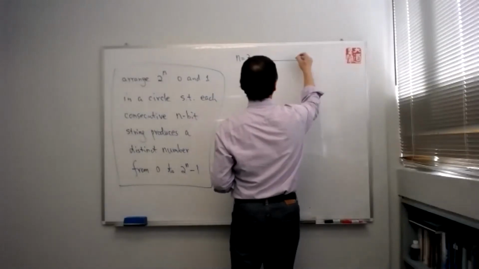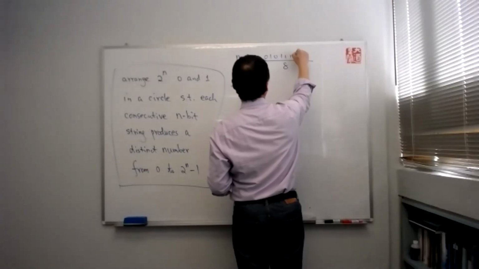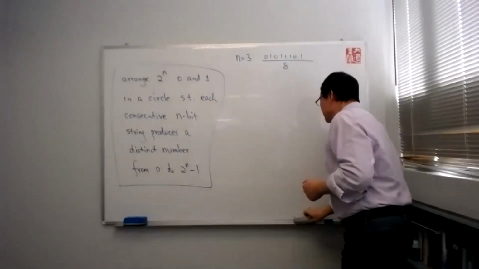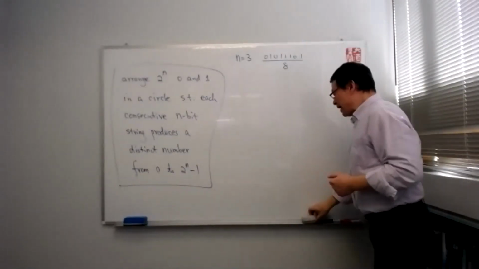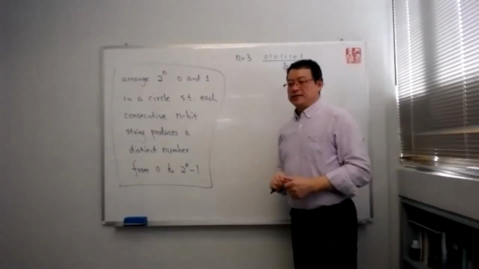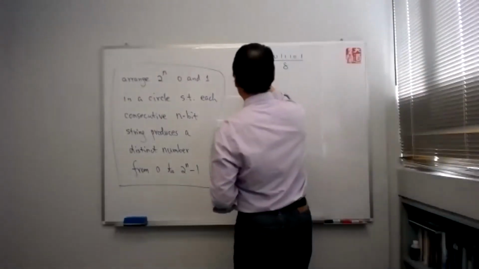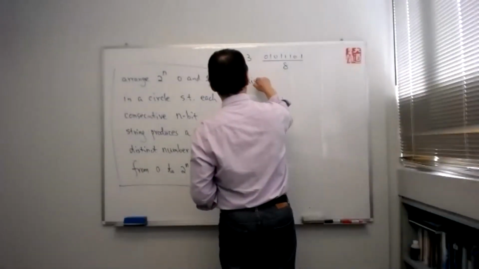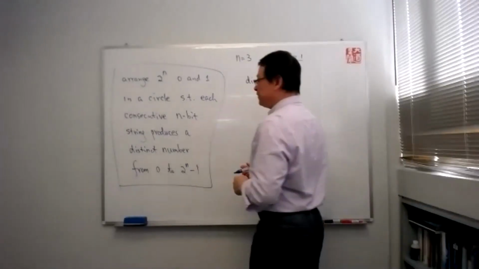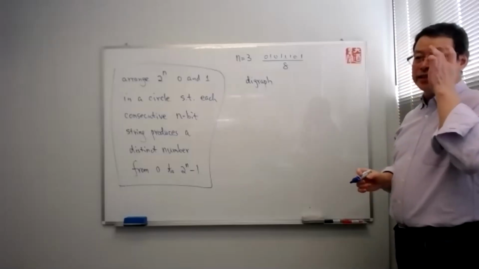So we need a string of length 8. When we arrange them cyclically, we get a good property. So what we do is construct a diagram whose vertices are strings of length 2. So we have 4 different nodes.